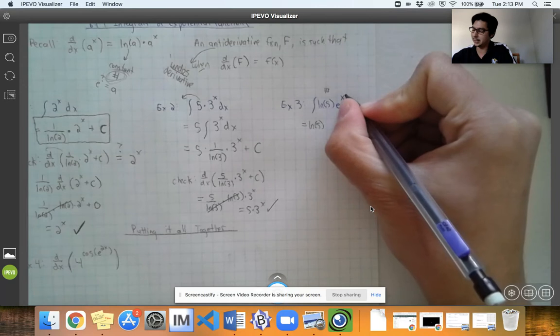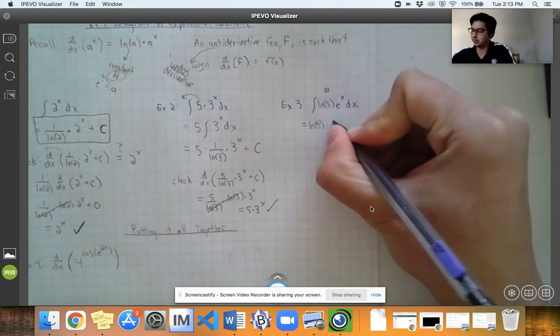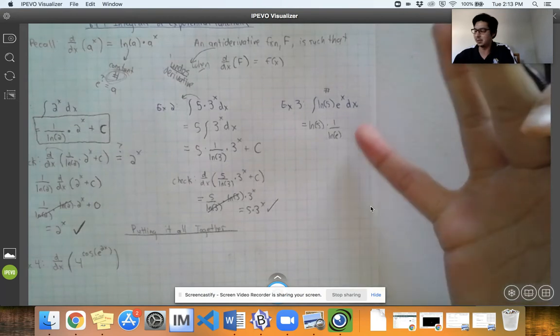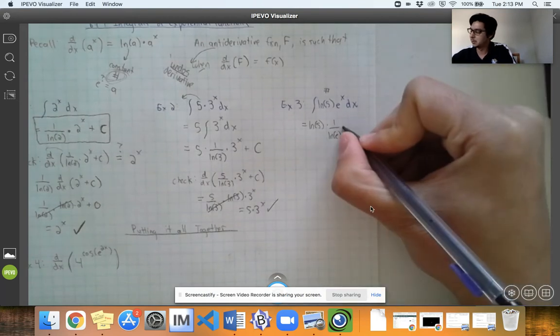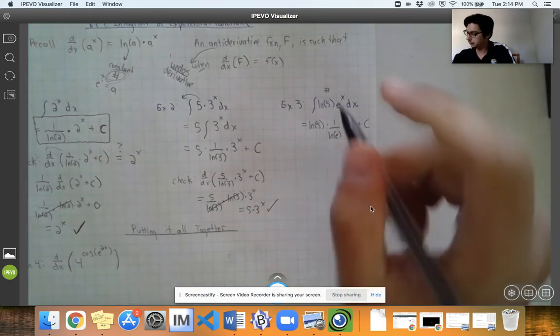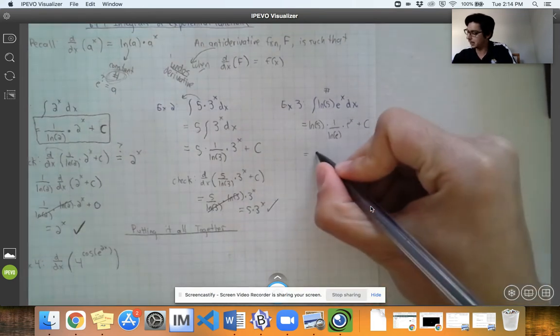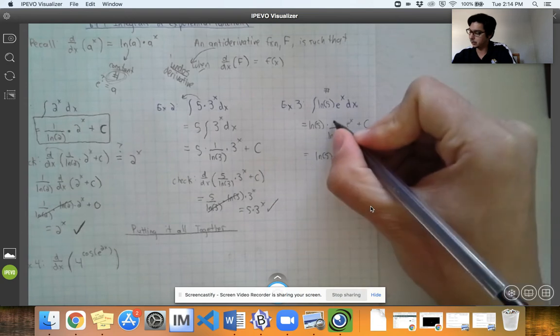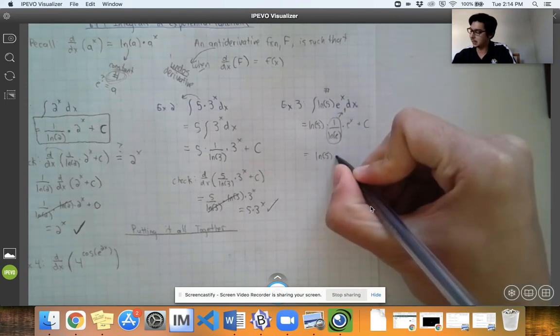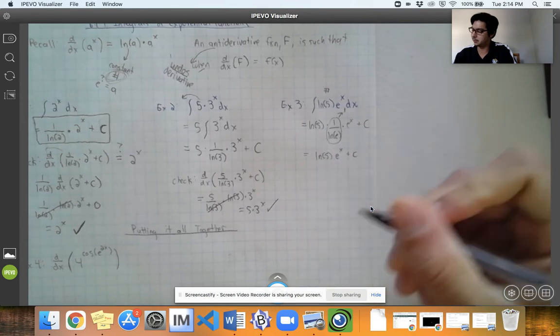And then e to the x, well, we could account for that by doing 1 over natural log of e. But we don't need that because that's just going to become 1. But I'll put it there for purposes of visual. And then if we simplify that, we're going to get natural log of 5, and this whole thing is just going to go to 1. So just natural log of 5 times e to the x plus c.